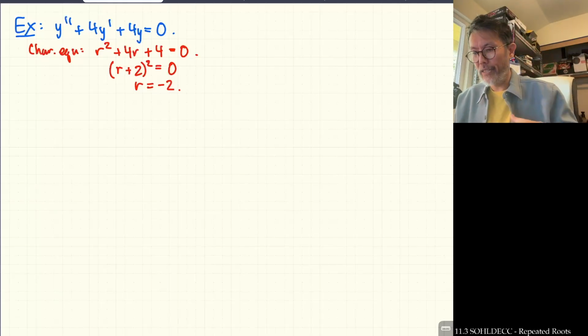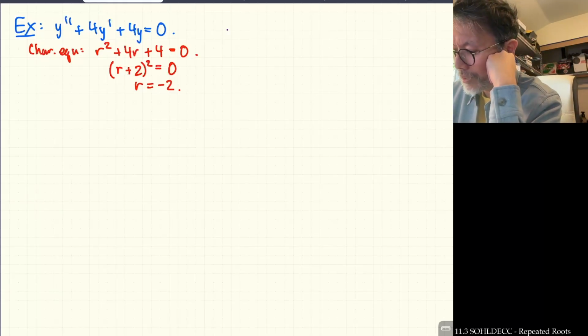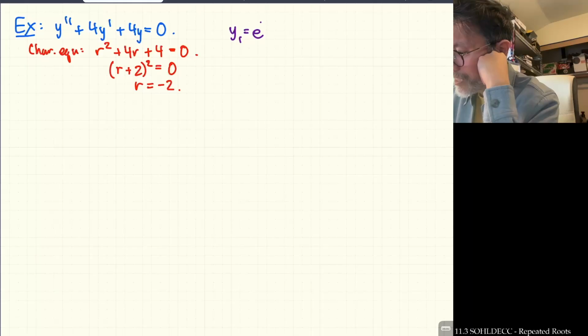So here's the idea. It turns out that in this case, y1 equals e to the negative 2x is a solution.